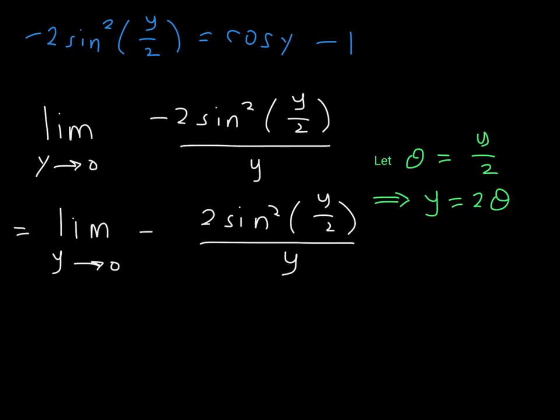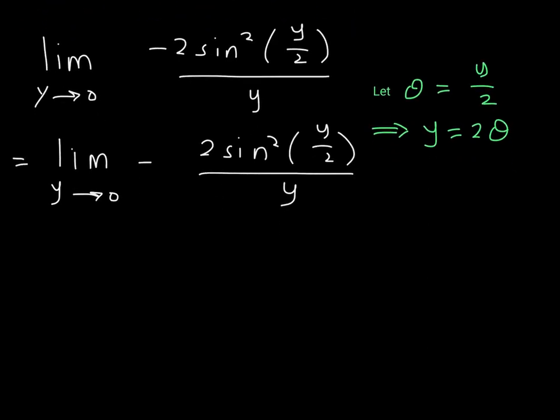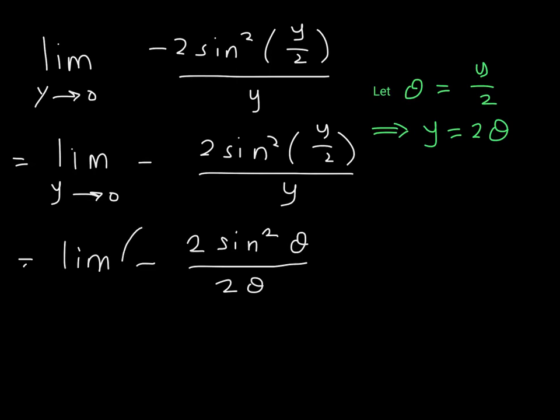There, that's good enough. So what we have is the limit. We have a negative right here, and we have 2 times sine squared of theta over 2 theta. There should be parentheses around all of this.